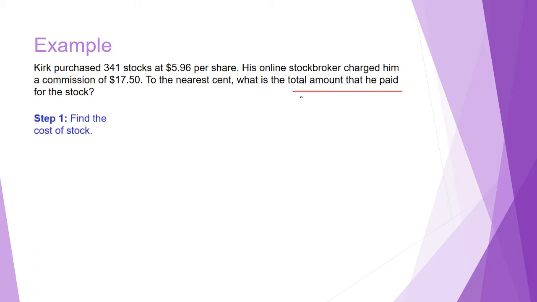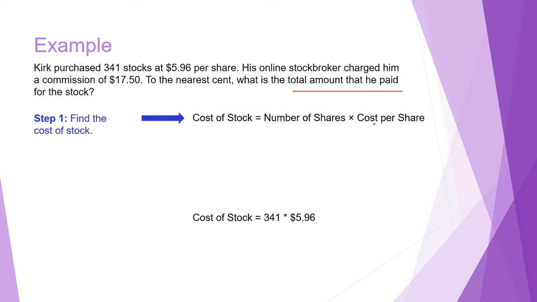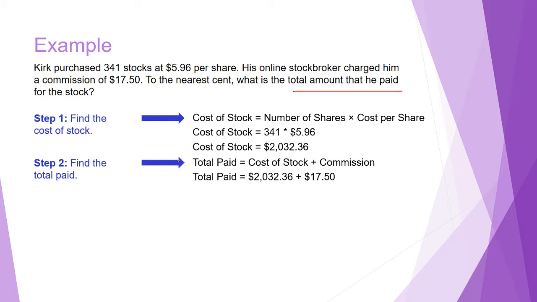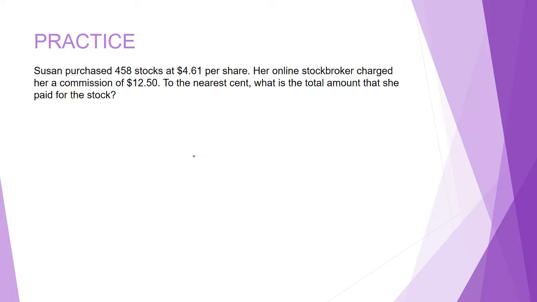What we need to do again is find the cost of the stock first, multiplying the number of shares times the cost per share, which is 341 times $5.96, giving us $2,032.36. Now that we have that, we can find the total paid by adding the cost of the stock with the commission. That is going to give us $2,049.86.